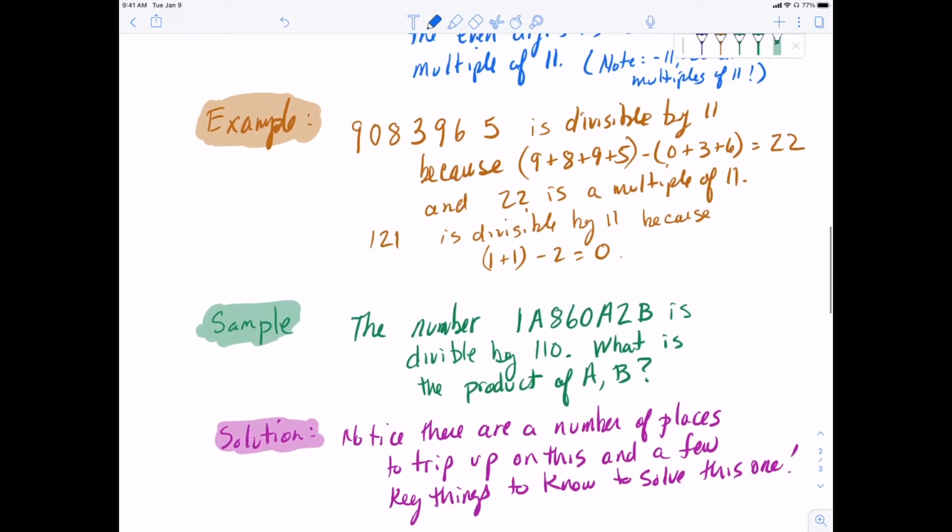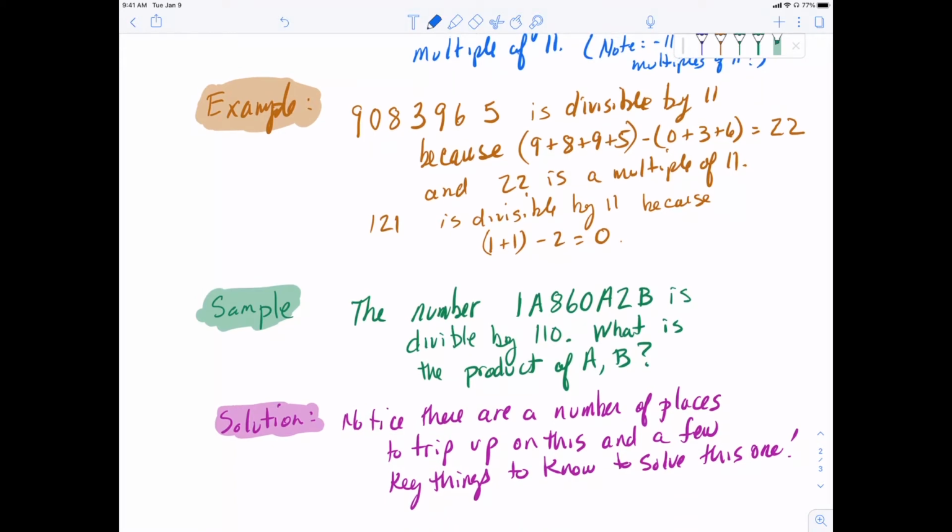Okay, so an example: the number 9,083,965 is divisible by 11 because if you add the odd digits together and then subtract off the even digits, so 9 plus 8 plus 9 plus 5, minus the even digits, I get 22. 9 plus 8 plus 9 is 26, plus 5 is 31, minus 9 is 22.